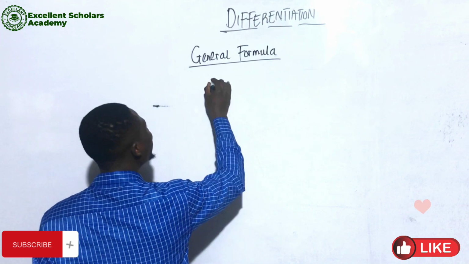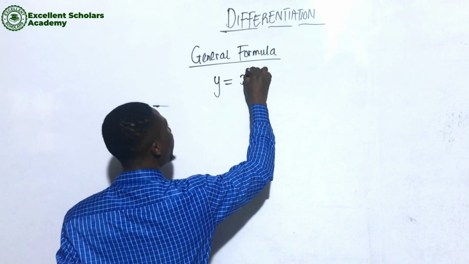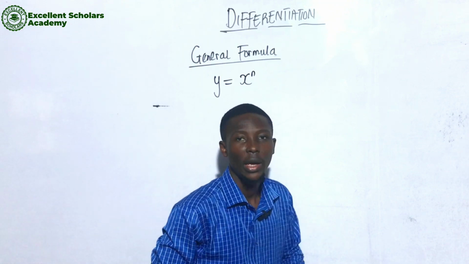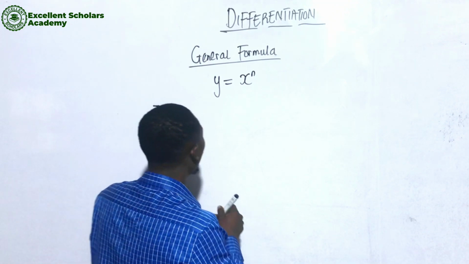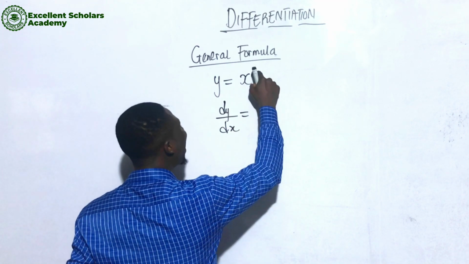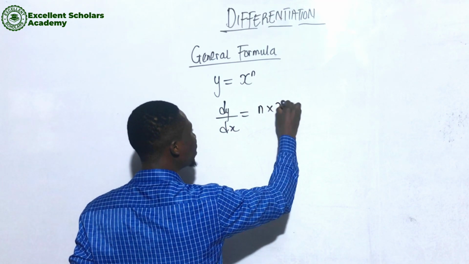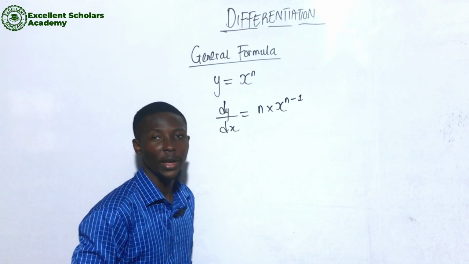Okay? So if I'm given a function y is equal to x to the power of n, and I want to differentiate this function, now my dy/dx is going to be the power multiplied by the x to the power of n, then subtracting the power by 1. Can you see?